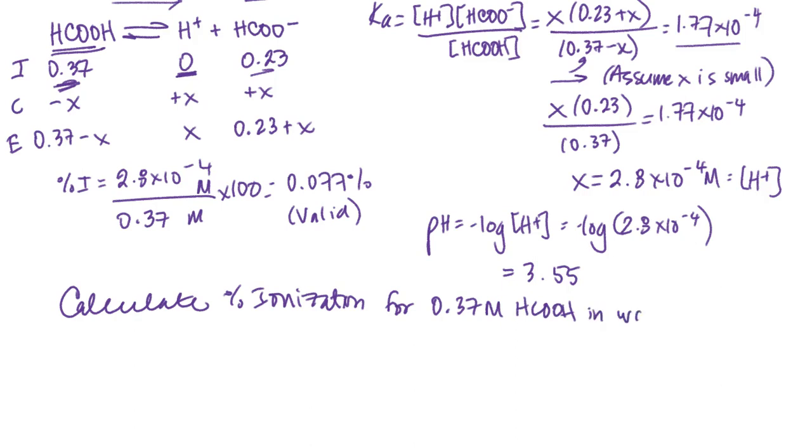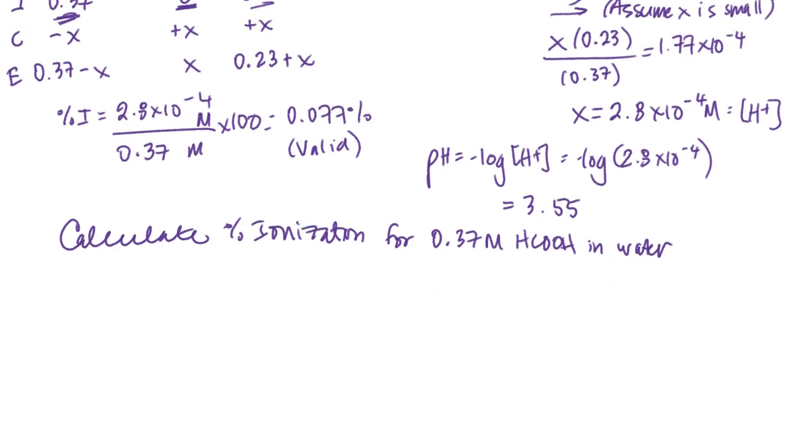So this would be just in water. So instead of having this formate that I had in my problem, I'm going to treat this as if it were a solution of weak acid, which is the system that we were studying in chapter 16. So if that's the case, I would go and I would set up my ice table once again.